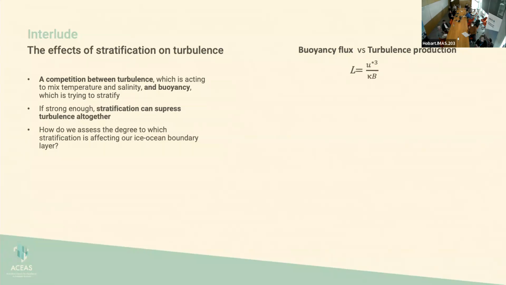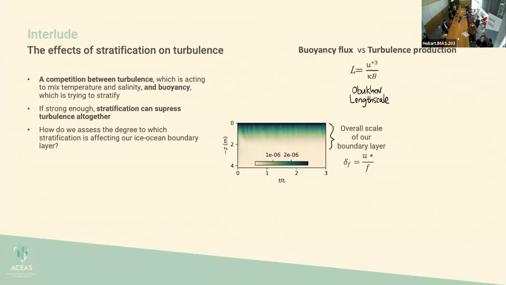What this length scale tells us is how big my eddy has to be before it will feel the effects of stratification. Really small scale motion won't feel the effect of stratification. As we get to bigger turbulent scales, we start to feel the effect of stratification. But for this length scale to be meaningful, we need something to compare it to. It's called the Obukhov length scale, if anybody would like to use it in their work.